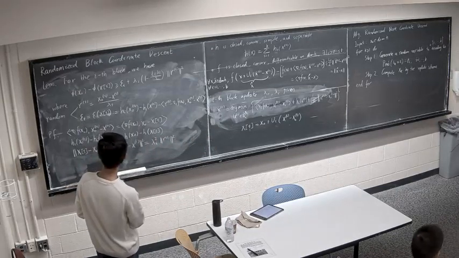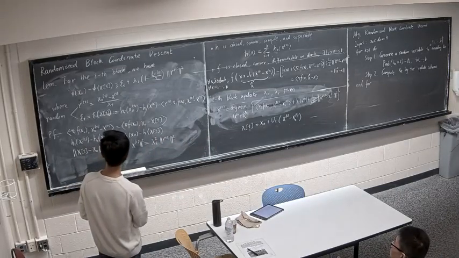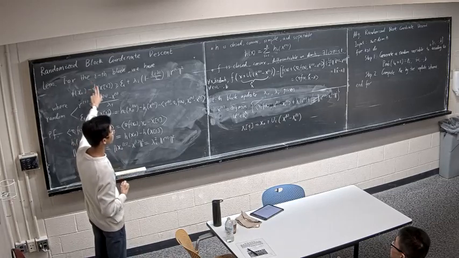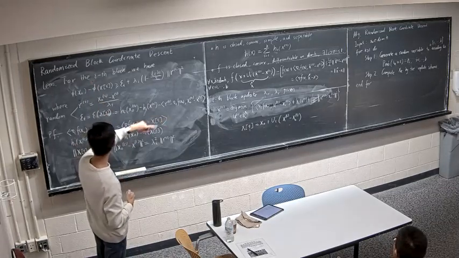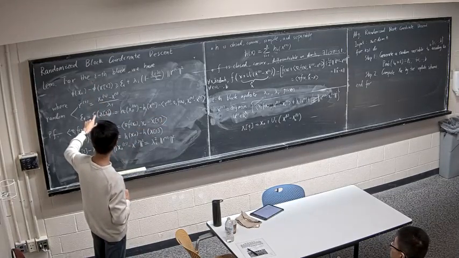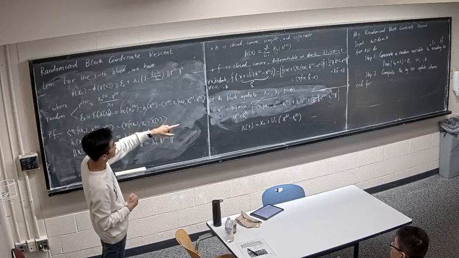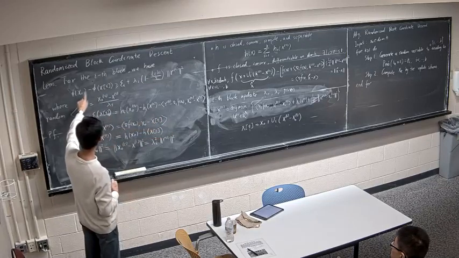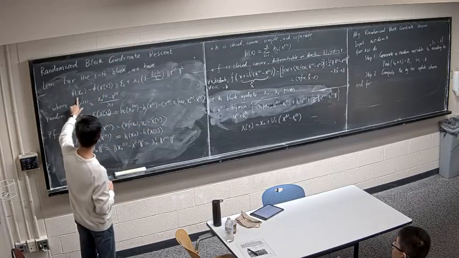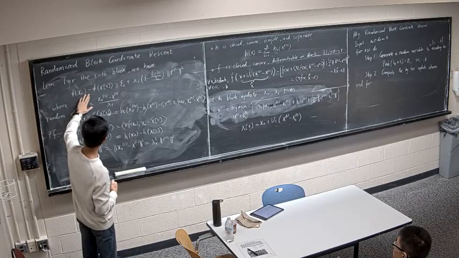The first lemma is for updating the ith block. If you apply the randomized block coordinate descent to the ith block, suppose the random variable we chose in a certain iteration is the ith block, then this inequality holds.